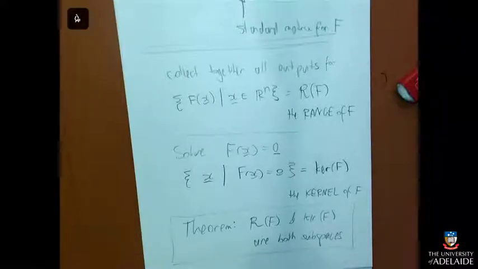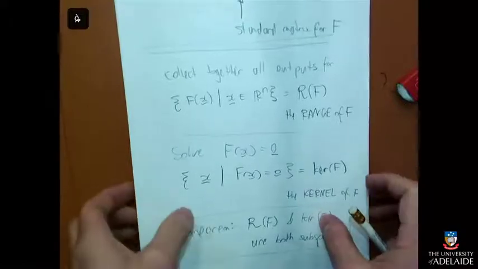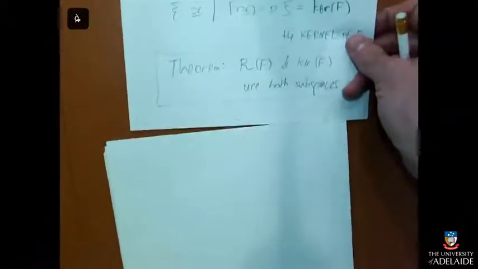I can start saying, cool, if they're subspaces, they have to be things like planes and lines and that sort of thing. If they're subspaces, they have to pass through the origin. Given any solutions to f of x equals 0, I should be able to create new ones by adding them together, because that's how subspaces work. So if they're subspaces, I can start knowing useful things about them.